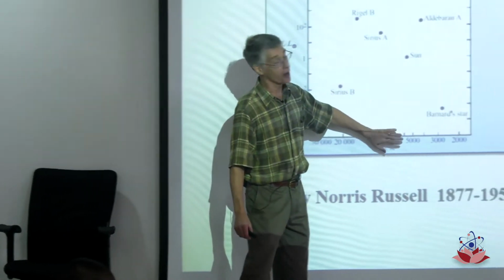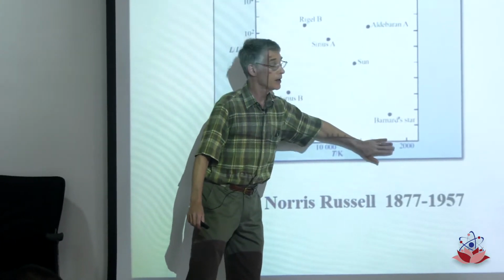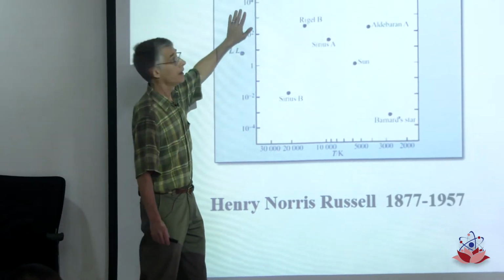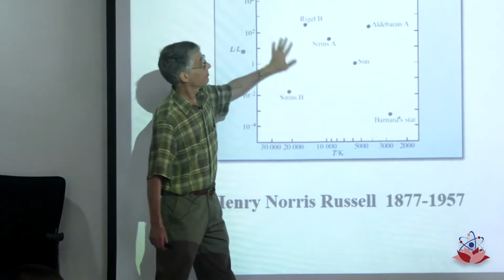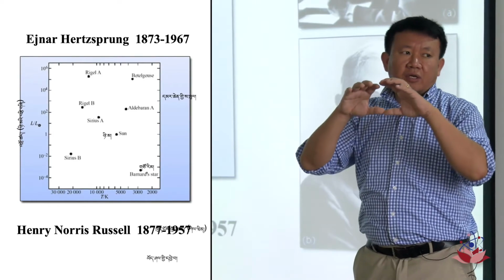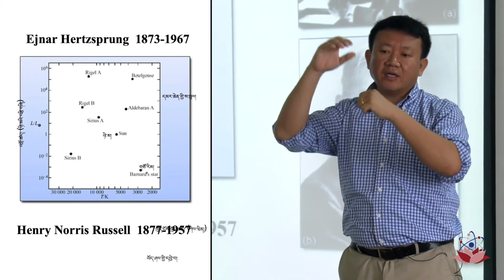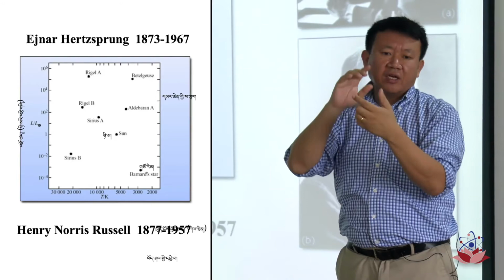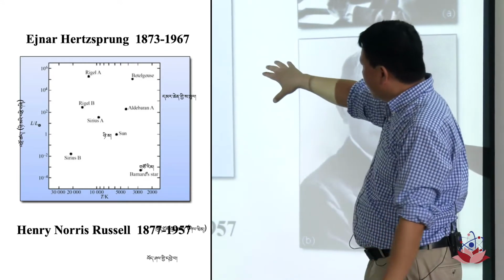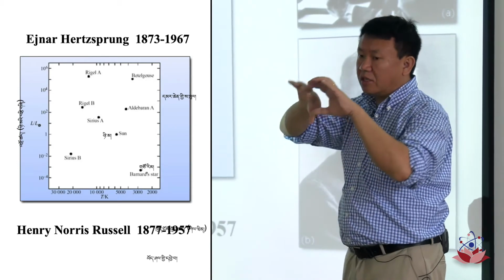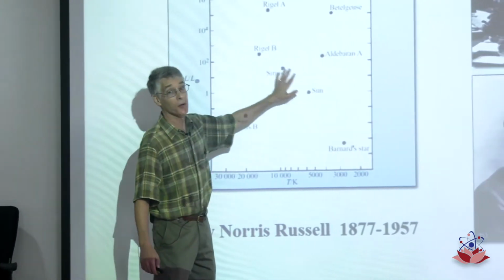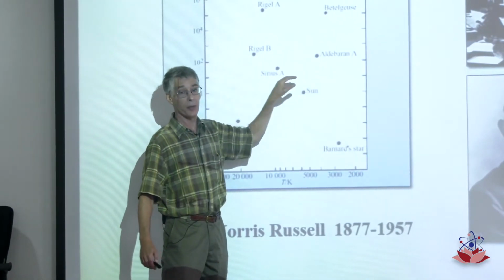So if you put a few stars in a diagram comparing temperature of a star with its luminosity, you get this scatter of points. So with just a few stars, it looks like there is no pattern.